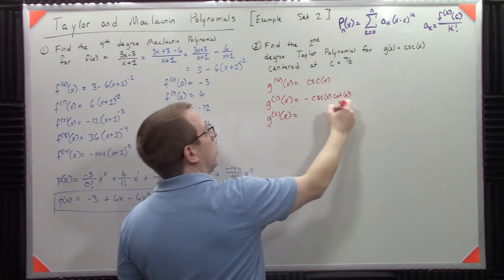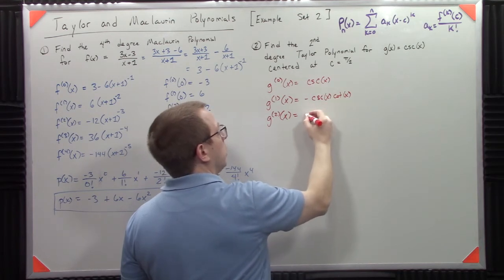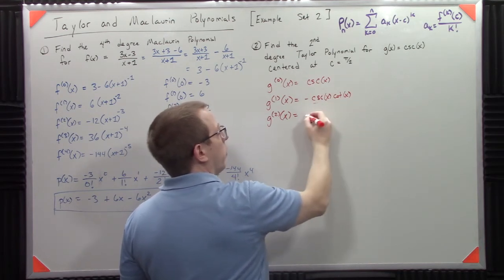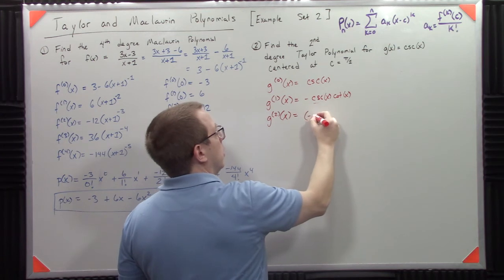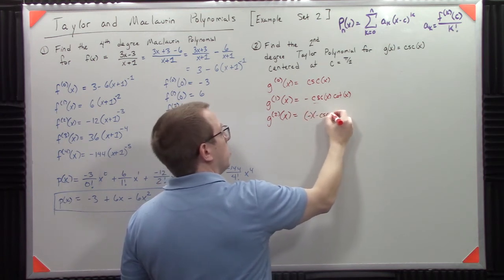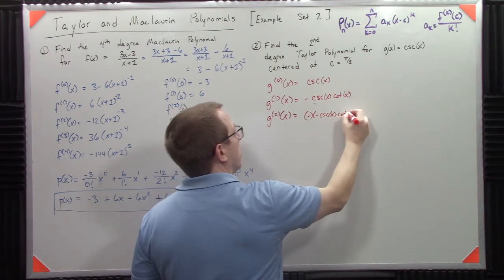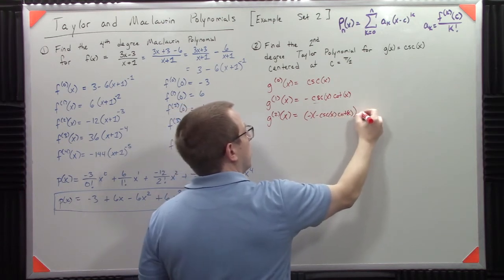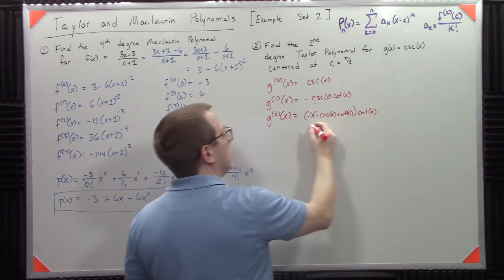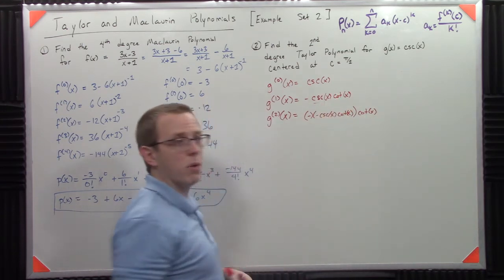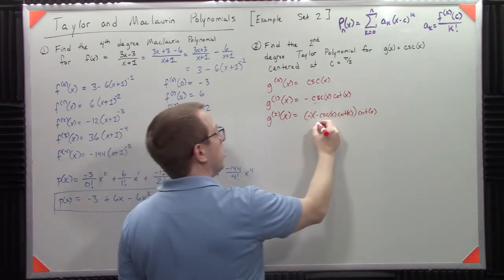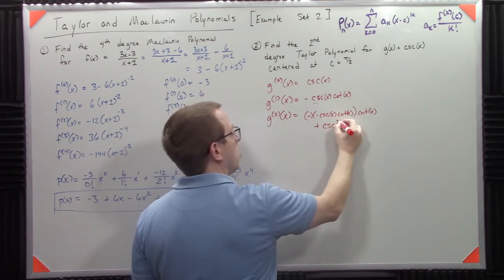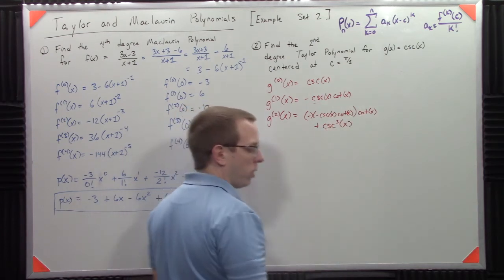And so by the product rule, you take the derivative of the first one, which is negative cosecant x cotangent x times cotangent x, and then you take the derivative of that, which is negative cosecant squared, so you get plus cosecant cubed x. That's pretty ugly.